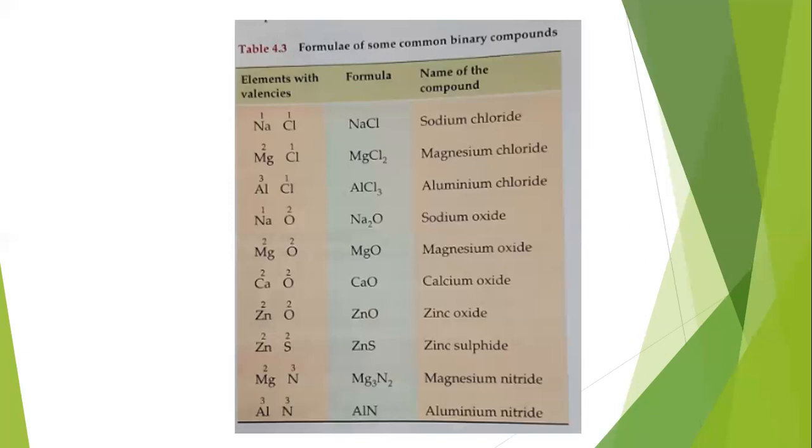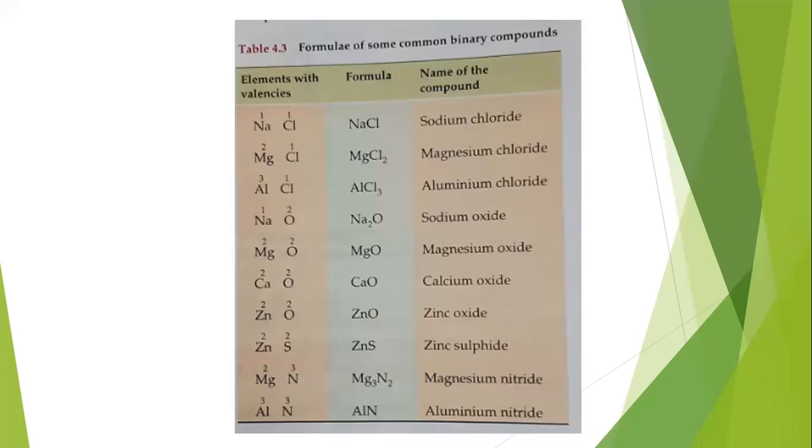Next is Zn2 O2. Formula is ZnO. As both valencies cancel each other, that's why the formula came ZnO, and the compound is zinc oxide. Next now Zn2 S2.